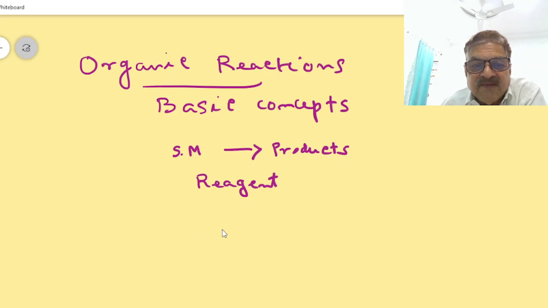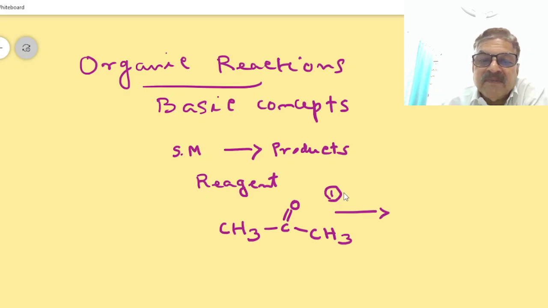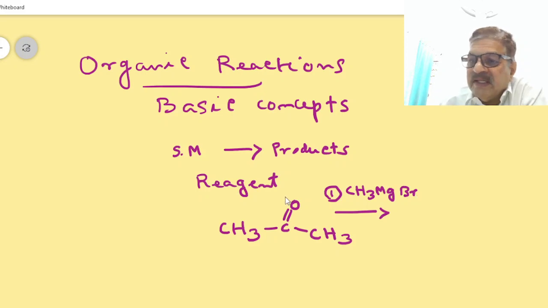For example, this is your acetone, CH3COCH3. The first reaction, suppose it is reacting with CH3MgBr, and then subsequent hydrolysis, water.